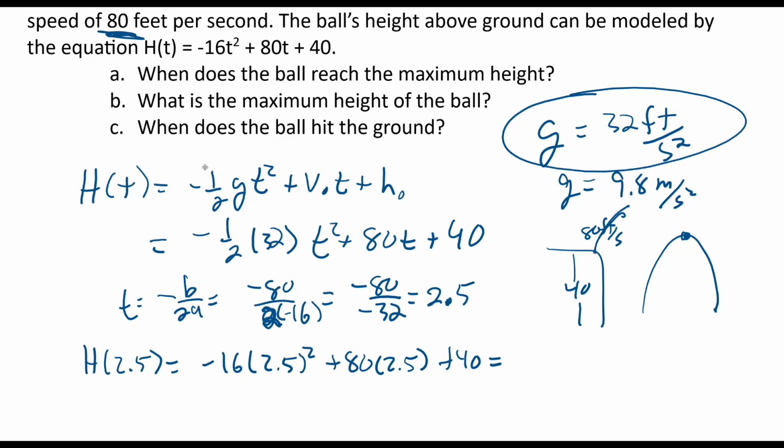So we have negative 16 times 2.5 squared plus 80 times 2.5 plus 40. And I get 140 feet is the maximum height.